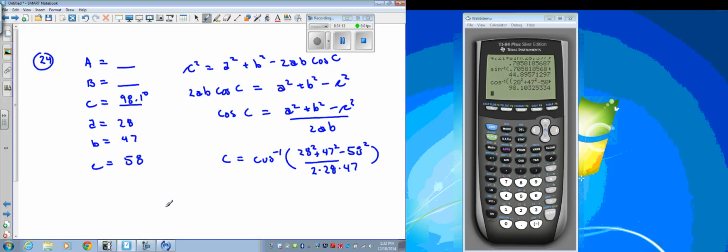So if I wanted to do B, I would do sine B is equal to B, and then I'm going to use this ratio, sine of C over C. So B is going to be 47 times the sine 98.1 over C is 58.